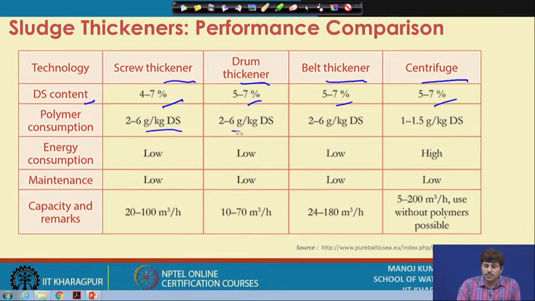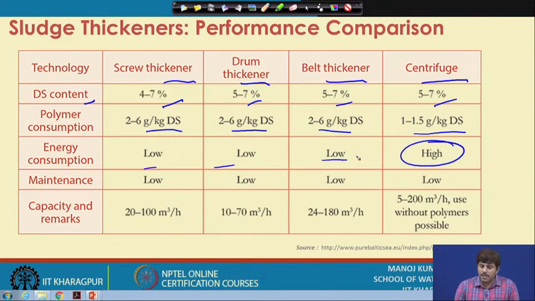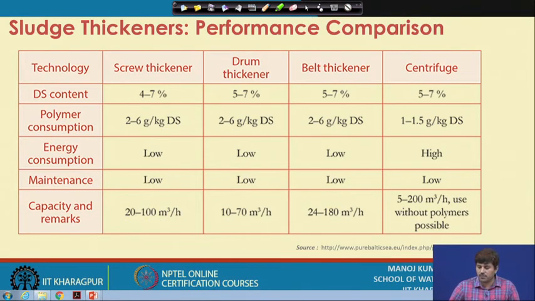The polymer consumption, if you are adding polymer, will vary. The centrifuge has less polymer consumption, or we may not need polymer at all, but it needs high energy as opposed to the other processes. The maintenance is low for all of these, and the capacity is some 2200 meter cube per hour. This one has a smaller capacity of 10 to 70 meter cube per hour. Centrifuges are of various sizes, so they can be used for much larger capacity as well.